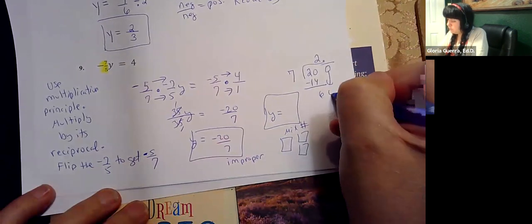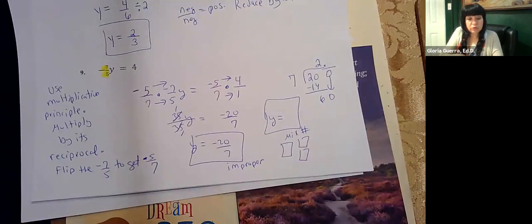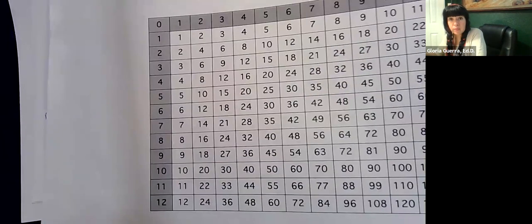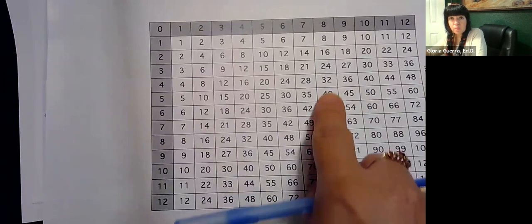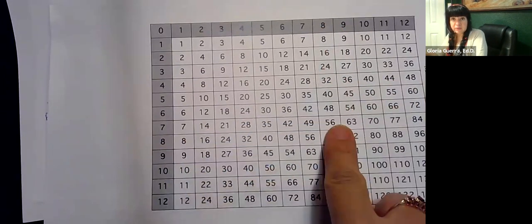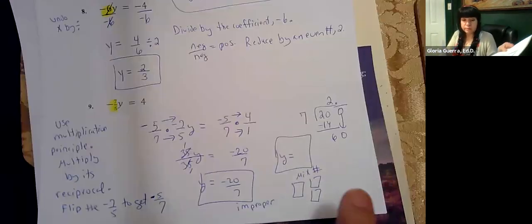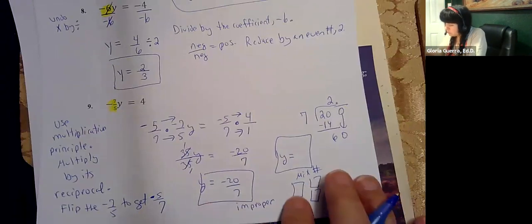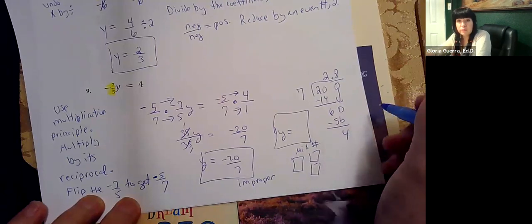Pull down the 0. How many 7's go into 60 without going over? You can use your multiplication chart. About 8, because 9 would be too big, 63. It's 56 with 4 left over.